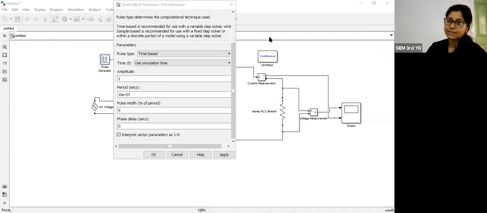So 180 degree equals 10 into 10 to the power minus 3. Then 30 degree means what? Calculate and find out the value of the phase delay.